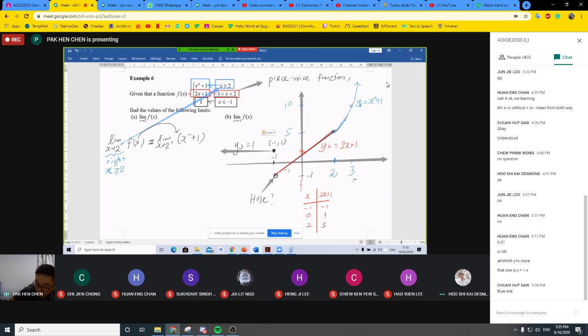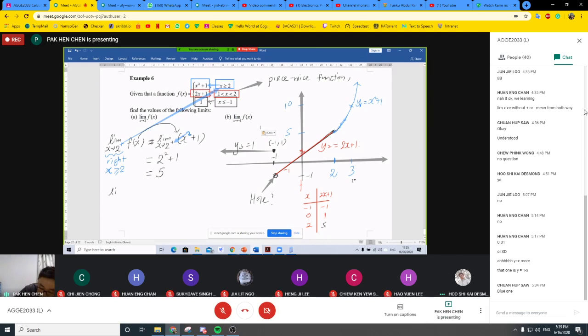Therefore, I'm going to substitute x squared plus 1 for this domain from the right side. For this function, we can just substitute 2 squared plus 1, which is 5. Understand?